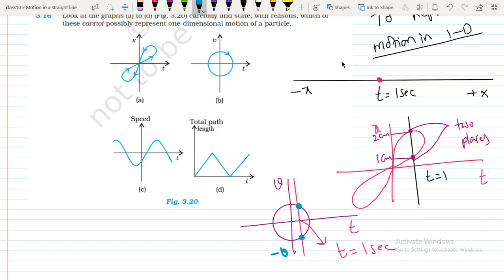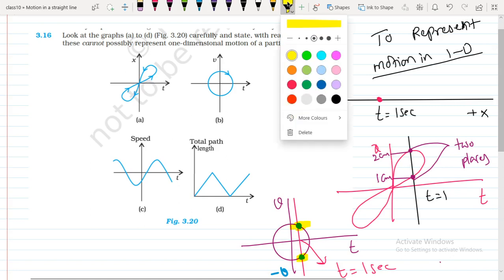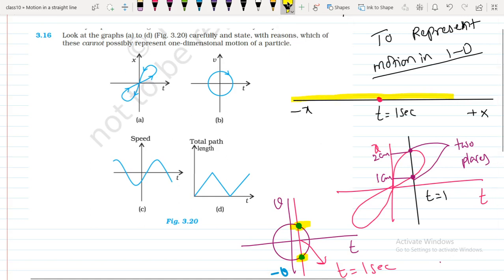So at the same time it is showing two velocities. If an object is moving in one dimension, at the same time it can show only one velocity, either positive or negative, since the motion is confined to one dimension. So the second graph also won't represent the motion of a particle in one dimension. This is how we analyze.